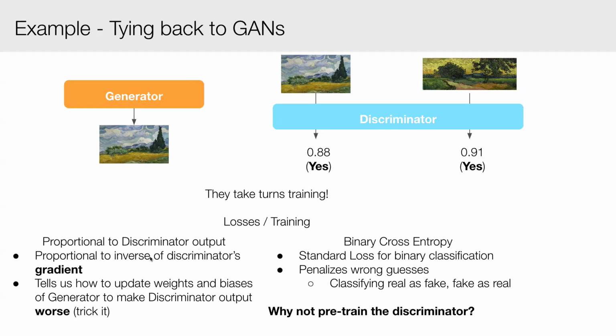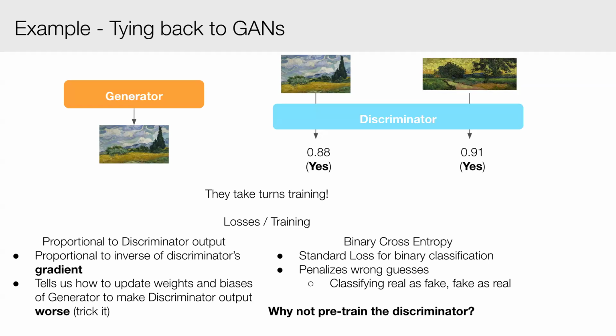For now, just think of it as the inverse of the discriminator's gradient. So what is the discriminator's gradient? The discriminator's gradient for a certain image points in the direction of making the image better, in a sense. Because if the discriminator is following its gradient, it's going down, down, down, getting better and better at telling apart the Van Gogh images.